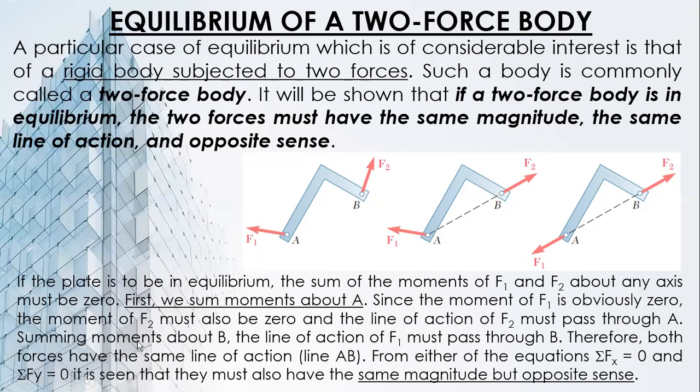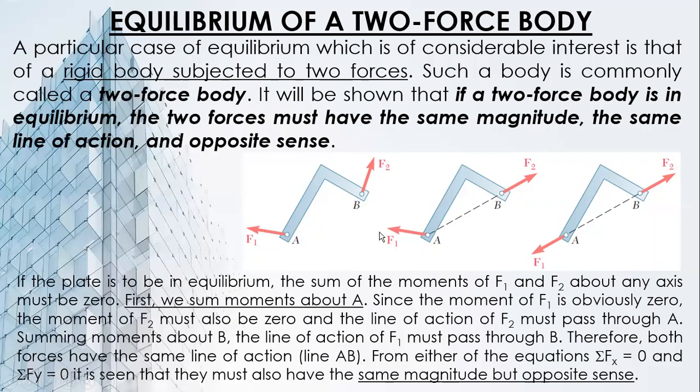Same also, if you sum up moments about B, the line of action of F1 must pass through B. The moment of F2 about B is 0, so the moment of F1 must be 0 also.